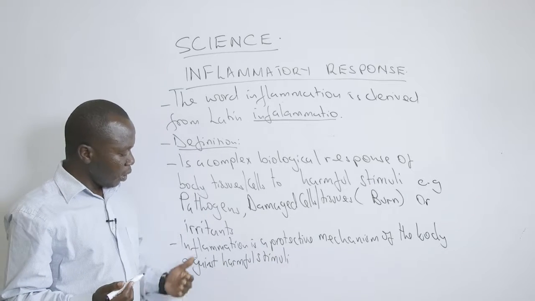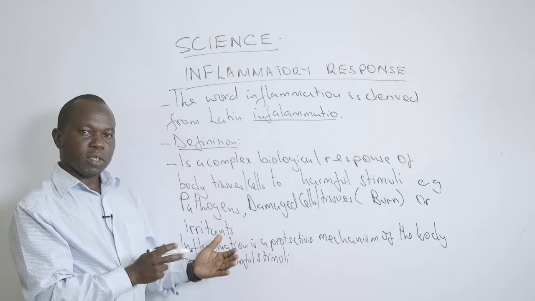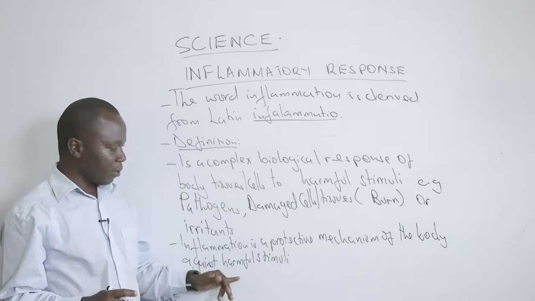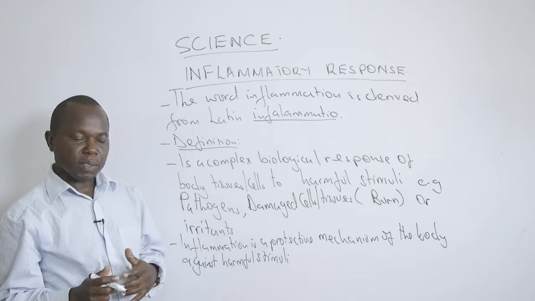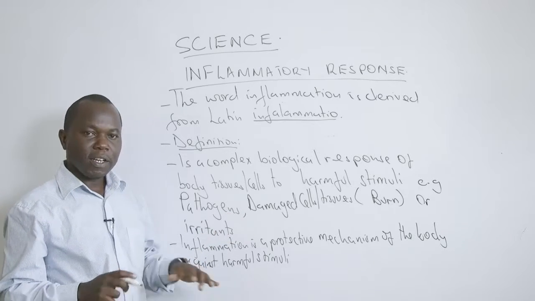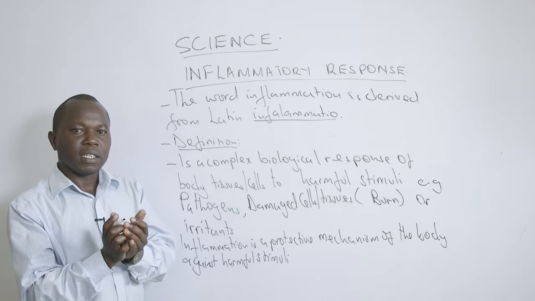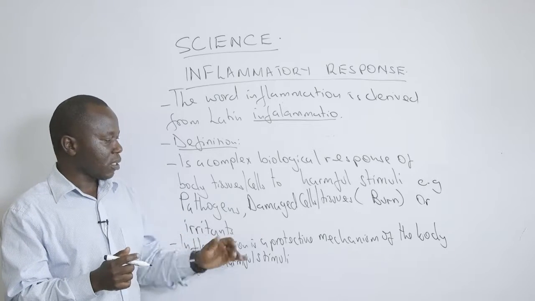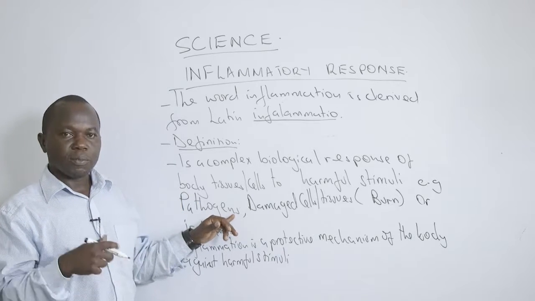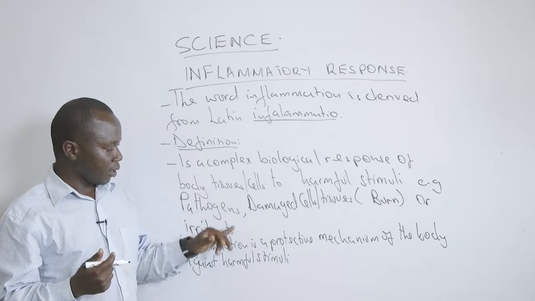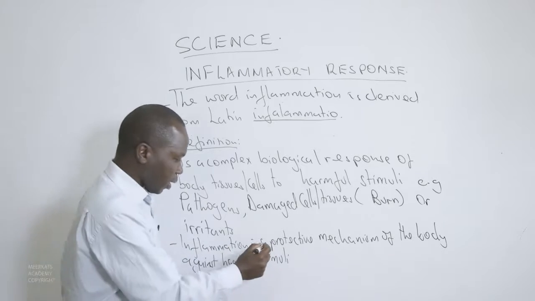They are supposed to either restore the body tissues back to normal, eliminate the source of danger to the body, or remove dead cells and tissues, and together with them pathogens, which could be in the form of pus or anything else. So it is a protective mechanism.